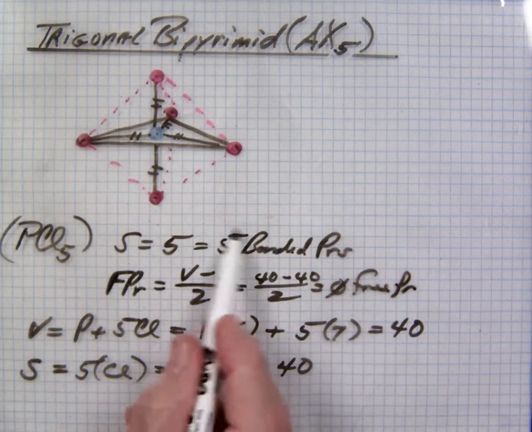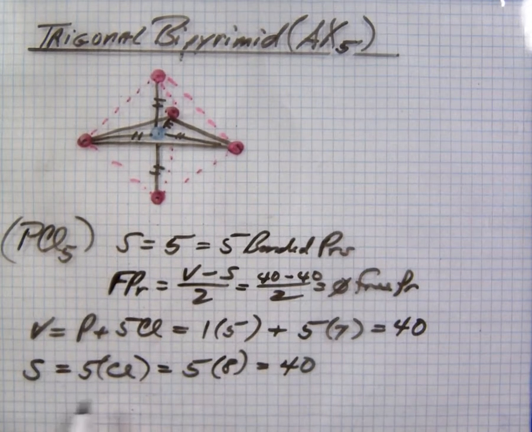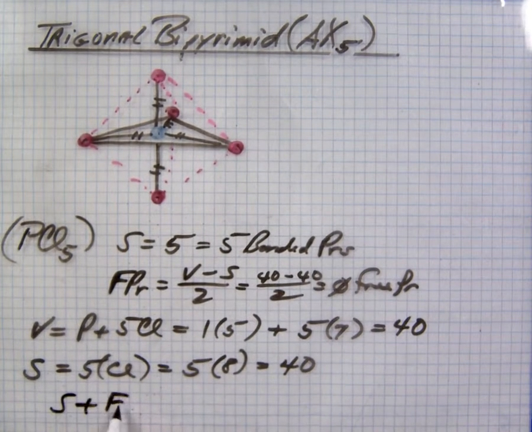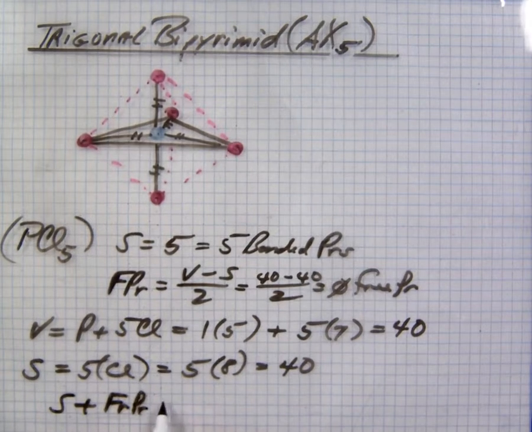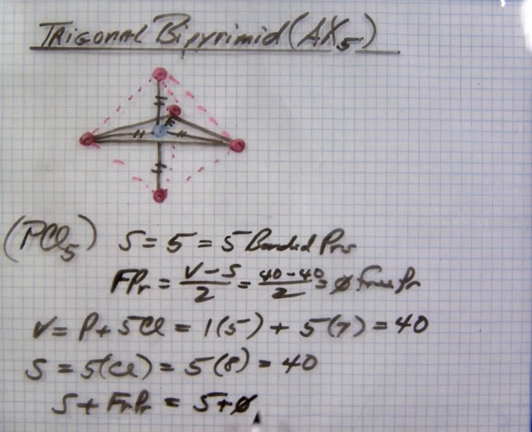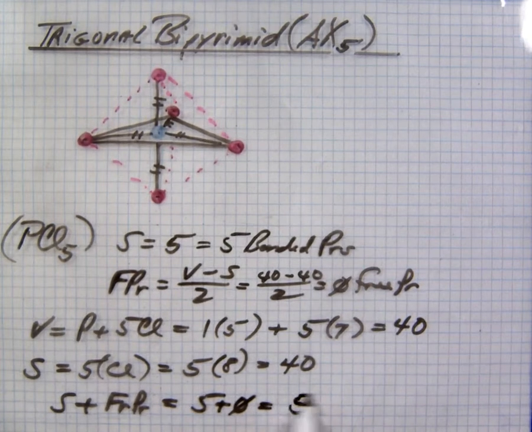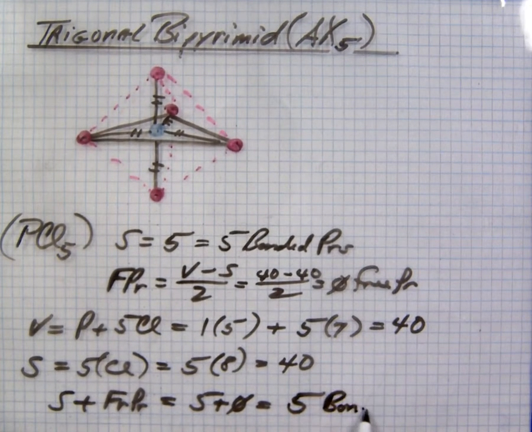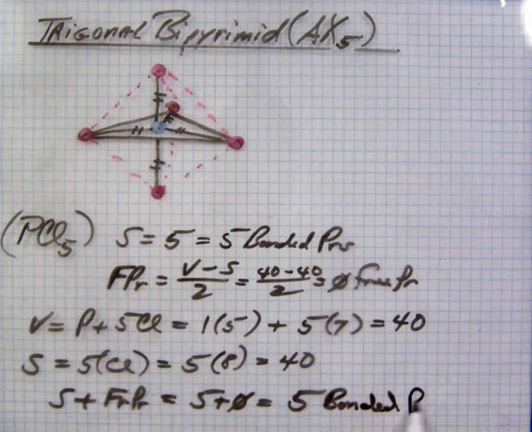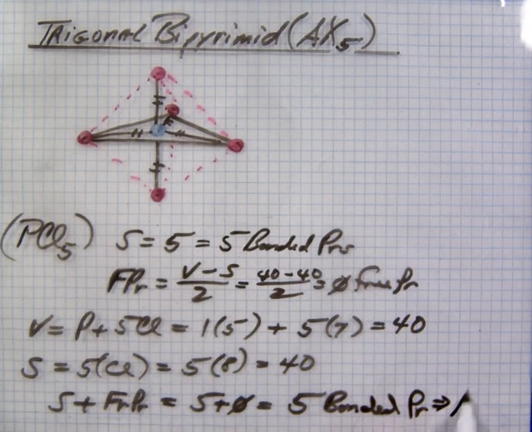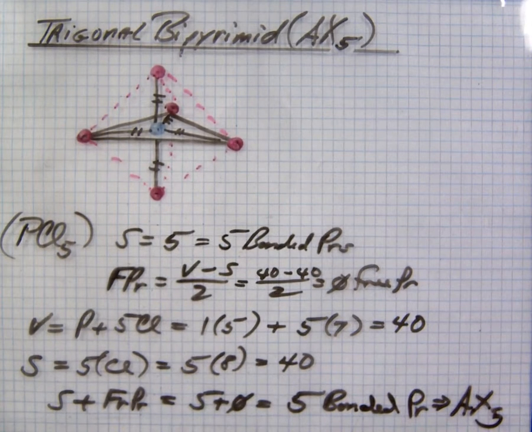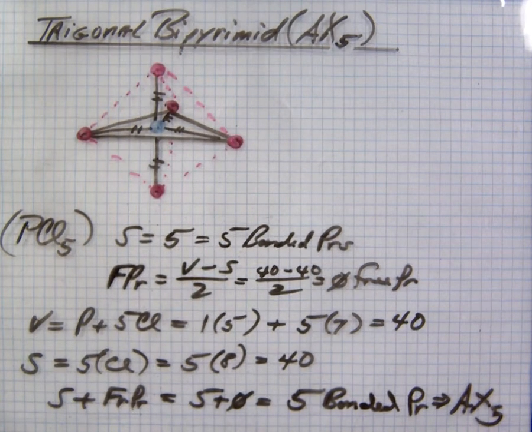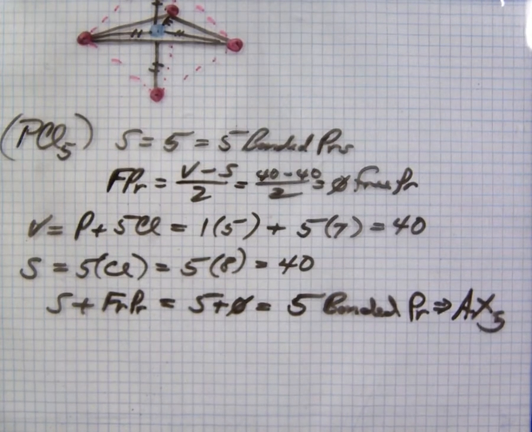So everything revolves around this. So substrate plus free pair equals 5 plus 0, if you will, just to make it clear. 5 bonded pairs, all we have, and which gives you an AX5 geometry, no free pairs in there. Everybody see okay?